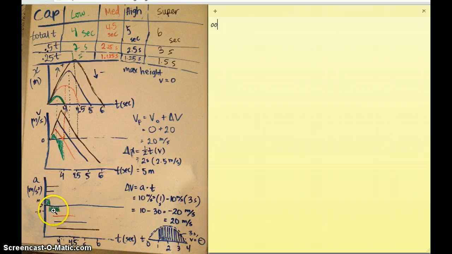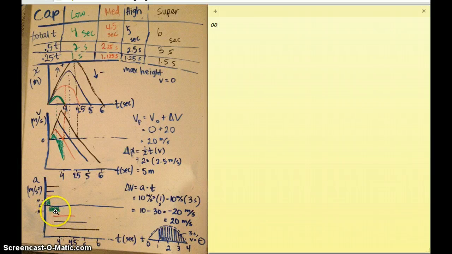Unless, okay, after the rocket reaches its maximum height, then the only force that would be acting on it would be gravity. So everything below the x-axis here should be negative 10 meters per second squared as the acceleration.